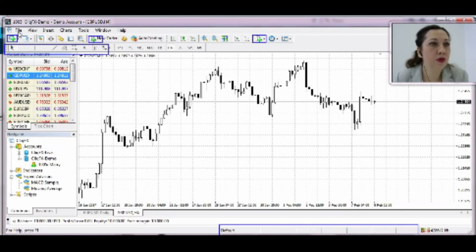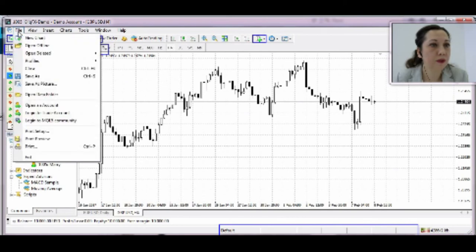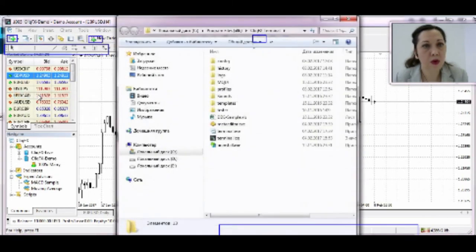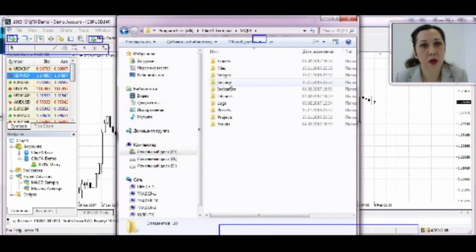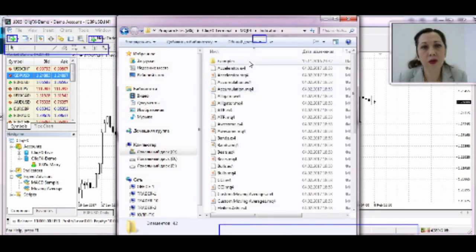You found it, and now you need to make it part of the process of trading actually. So you go to File, you open the data folder, you go to MQL4. I will go slowly, and now you go to indicators. It's obvious. Now you see that there are lots of indicators.